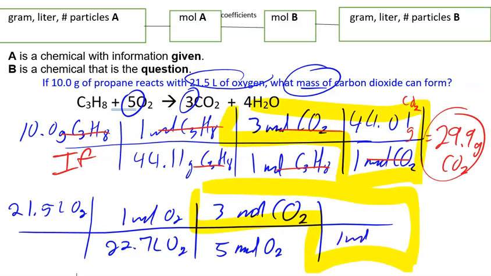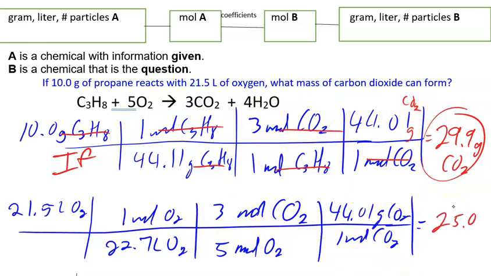So we got 1 mole of CO2 and then 44.01 grams CO2. And let's see what we got. 25.0 grams of carbon dioxide. We went to the same compound, the same unit, so these are going to compare 1 to 1.